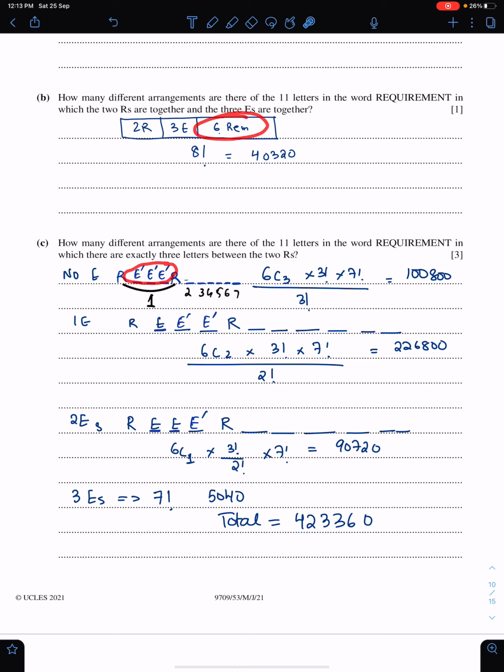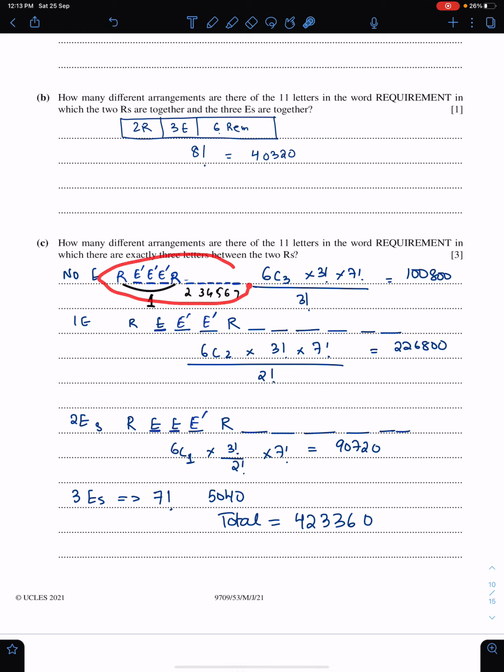There are 6 remaining letters. So we need to write 6C3 to select 3 letters for these 3 positions. So 6C3 is here, and these 3 letters can arrange themselves in 3 factorial ways. Now, this is just one object. This is one group. So this is one object, and this is object number 2, 3, 4, 5, 6, 7.